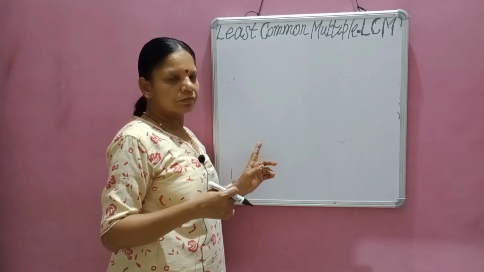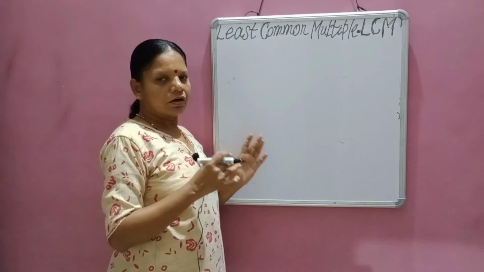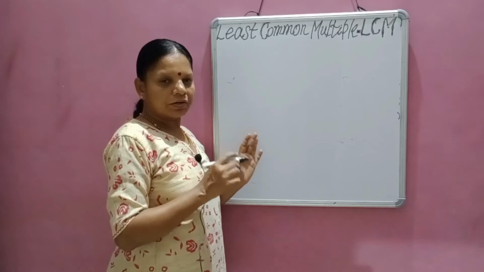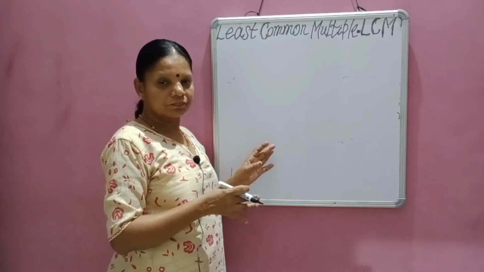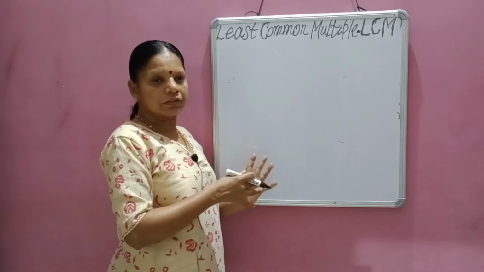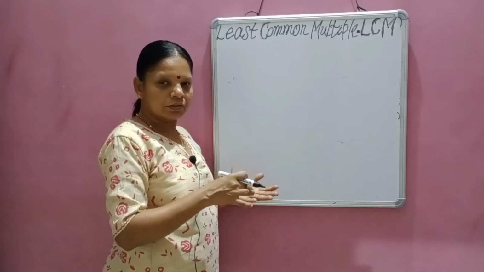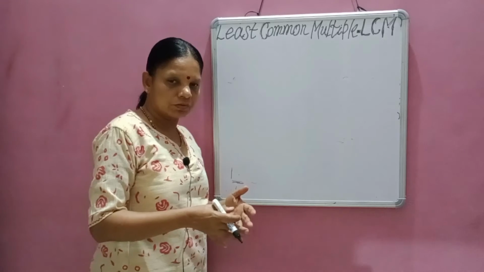If more than 2 numbers are there, it is very difficult to calculate by the prime factor method, because by listing the common factors, what you have to do actually? Underline. All the 3 numbers together will have a common factor, 1 and 2 together will have a common factor, 2 and 3 together will have a common factor.